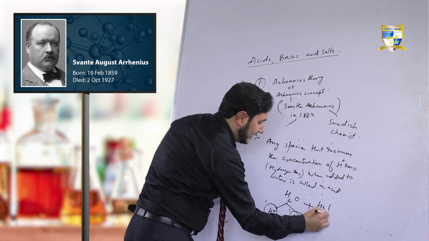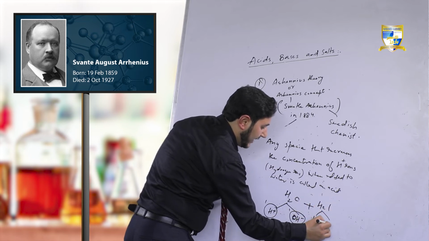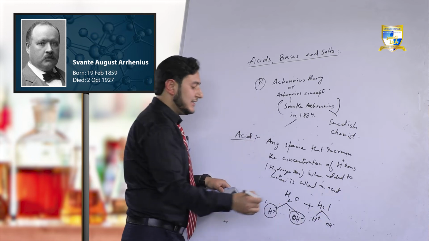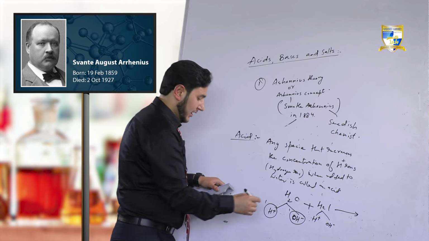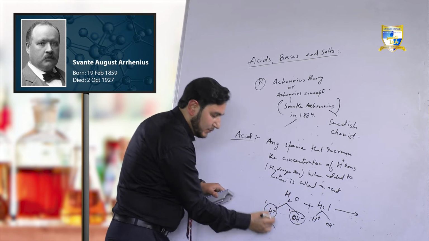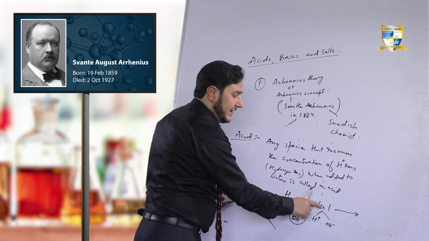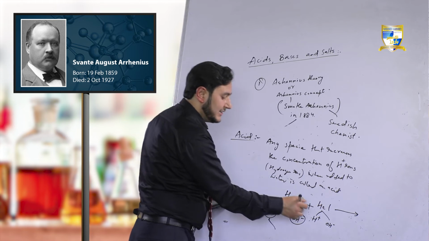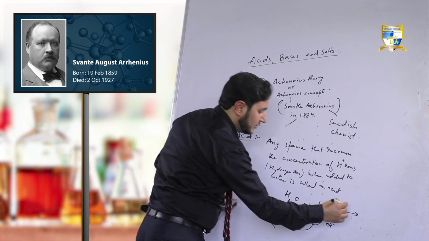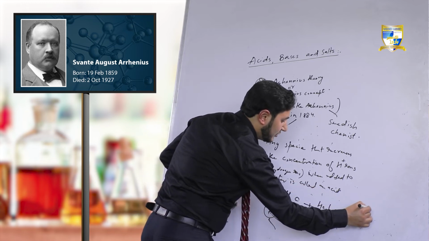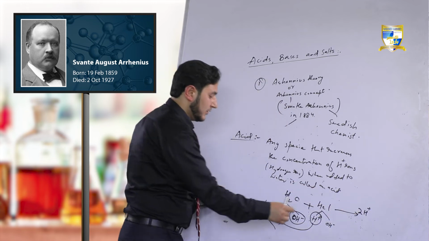I know HCl dissociates into H positive and Cl negative. Let us count the number of H positive ions. H2O itself contains one H positive ion. On dissolving HCl into H2O, there is another H positive ion that HCl releases. The total number of H positive becomes 2.